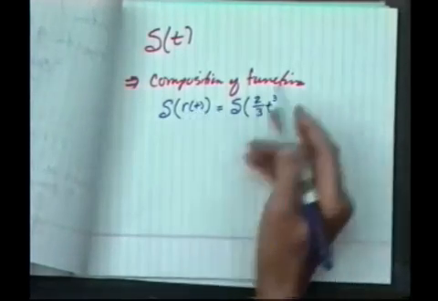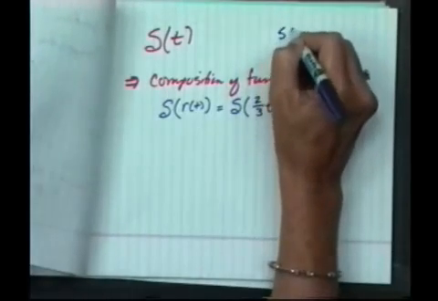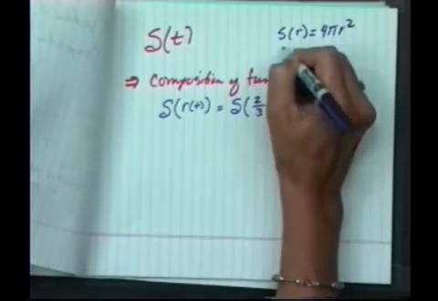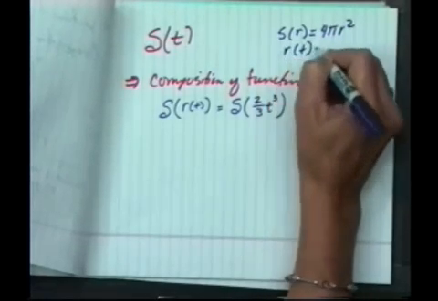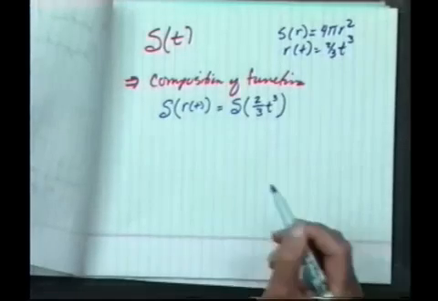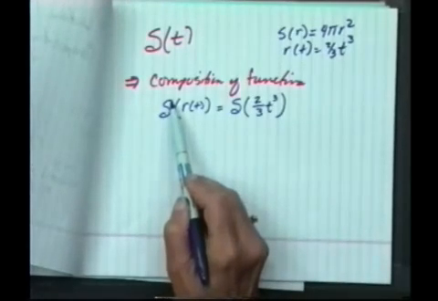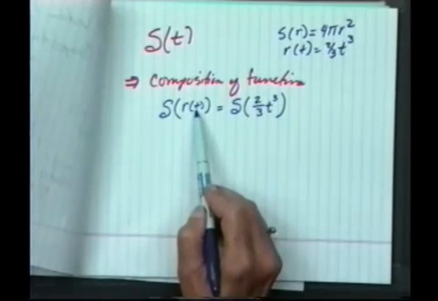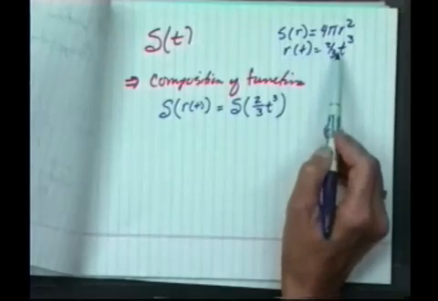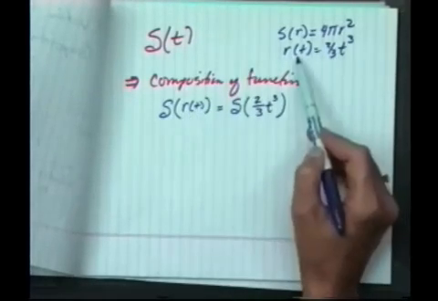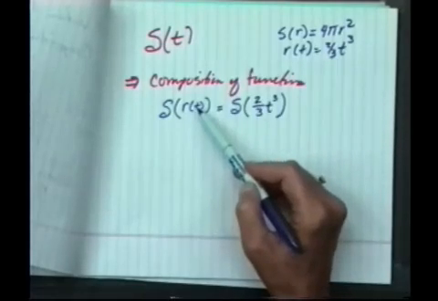Let me write those back up here. S of R is 4 pi R squared. R of t is 2/3 t cubed. So now I want to evaluate the surface area based on time. To do that, I have to find the radius, so I plug the time in.